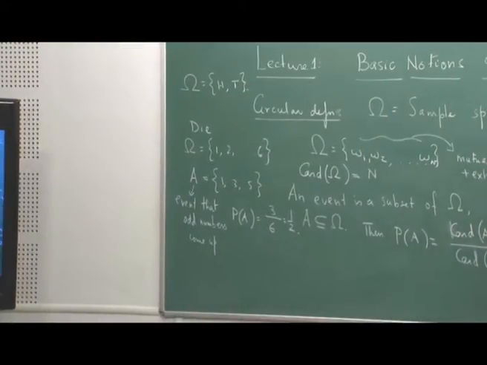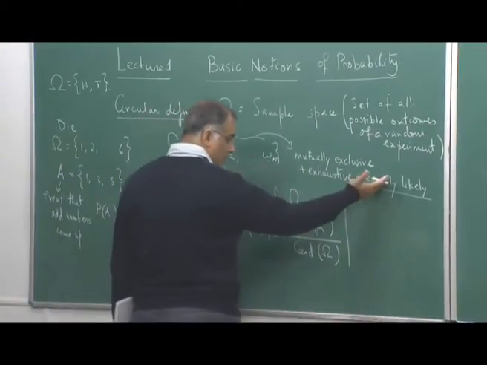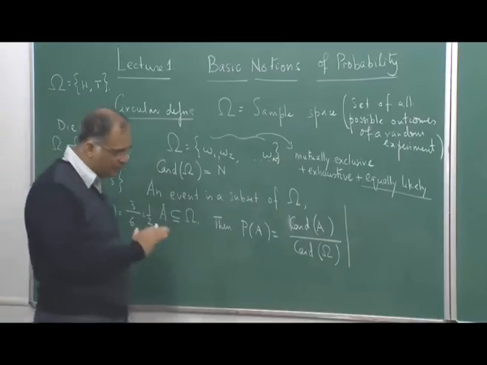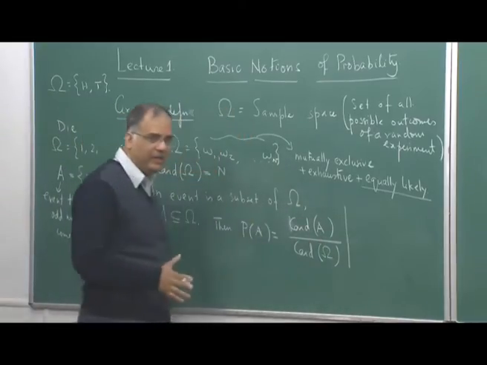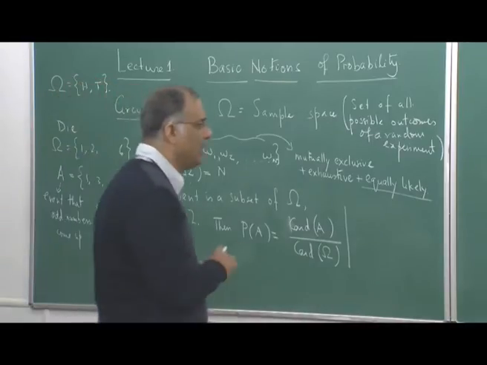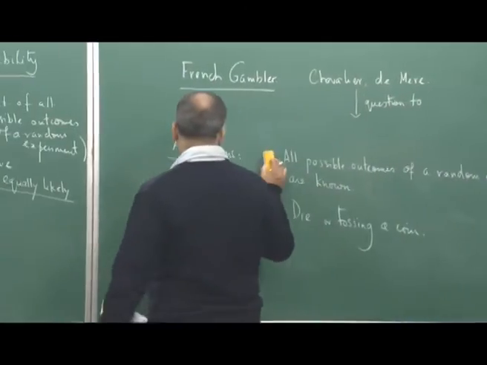Now, this definition cannot be taken as a standard definition because it has a circularity: it assumes the notion of probability within its description, and also it cannot handle the case when I am talking about infinite sample spaces. So, we have to go to an axiomatic formalism which was given by Kolmogorov in the 1940s.